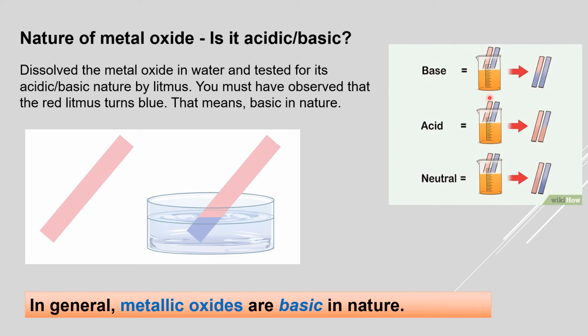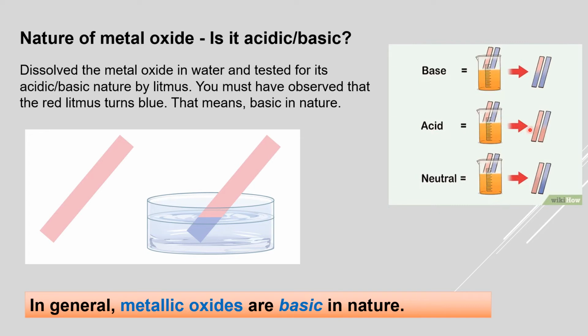And next, the same thing we repeated in an acid medium. The red litmus paper and blue litmus paper we dipped in acid, acetic acid or citric acid or any acid. This time, the red litmus paper doesn't change, but the blue litmus paper changes to red color.